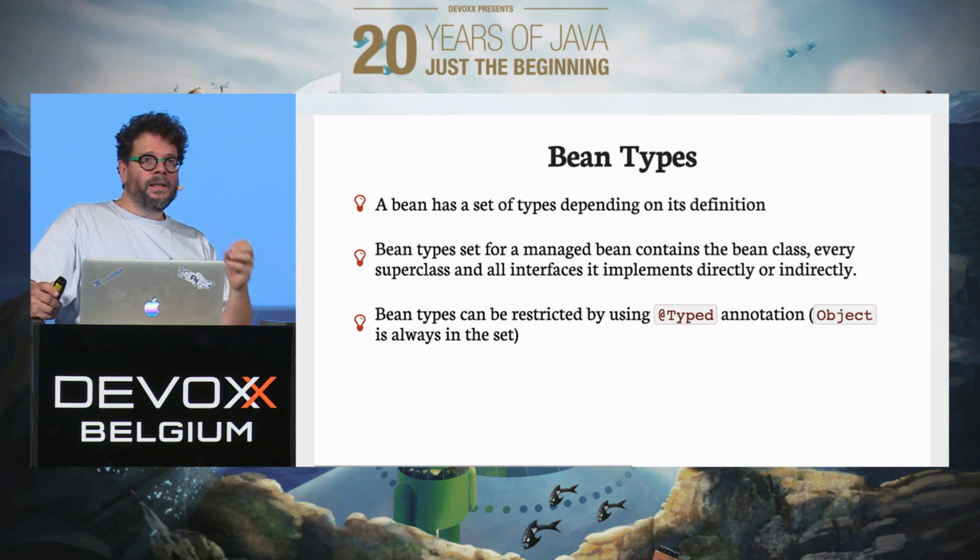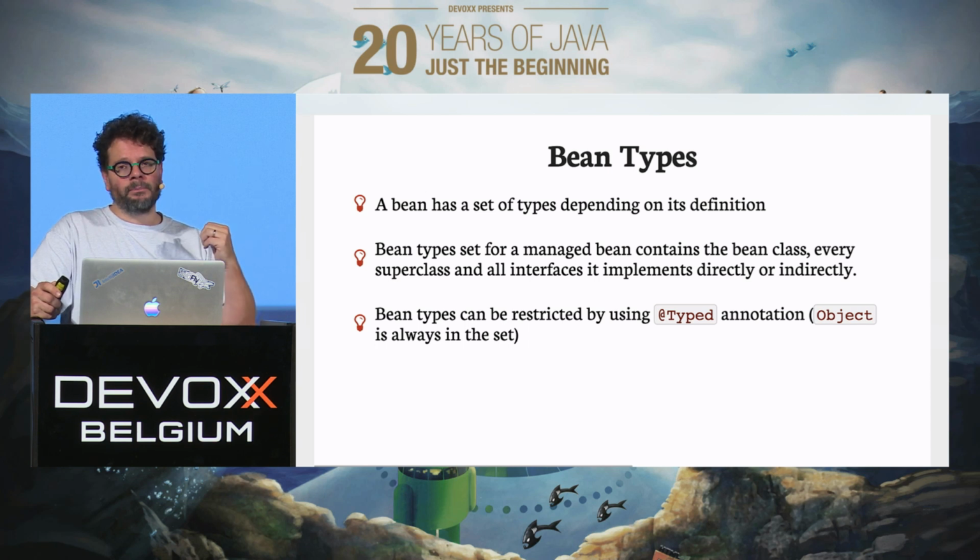In fact, when you define a bean, the bean you create will have a set of types, depending on its definition. You saw in the previous example, we injected a given bean from an interface, not from the implementation class we defined.